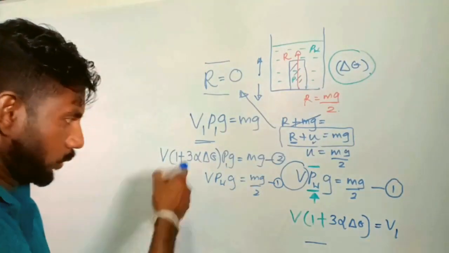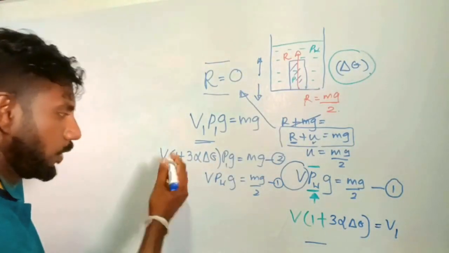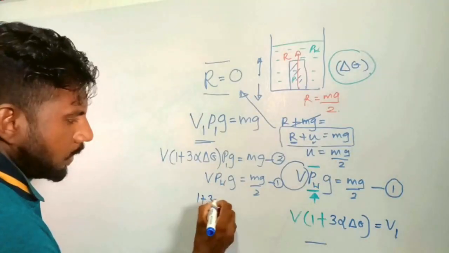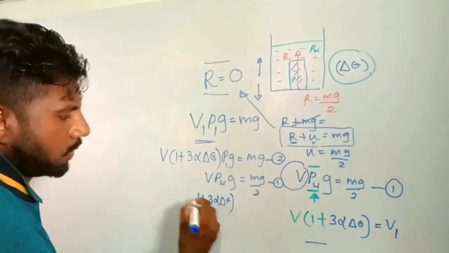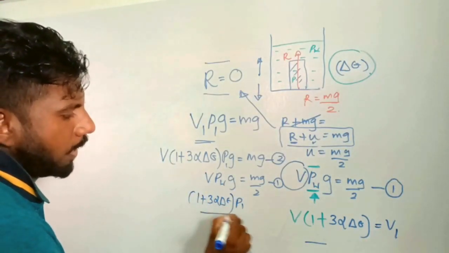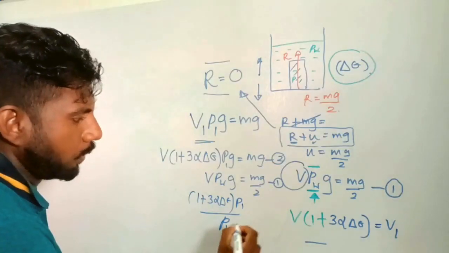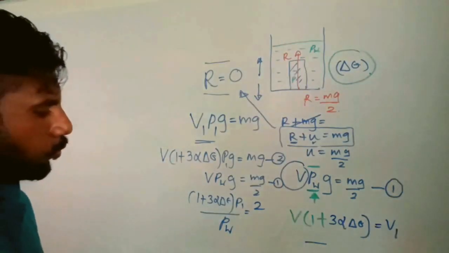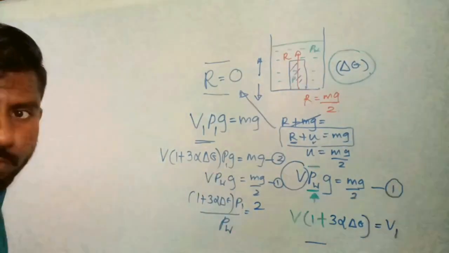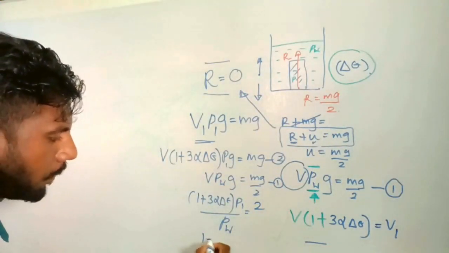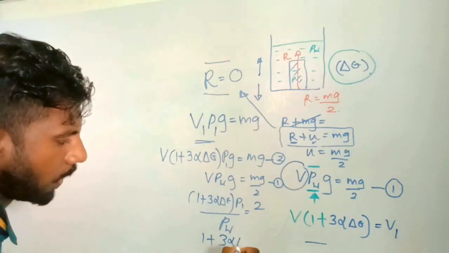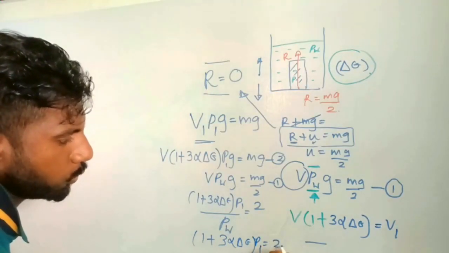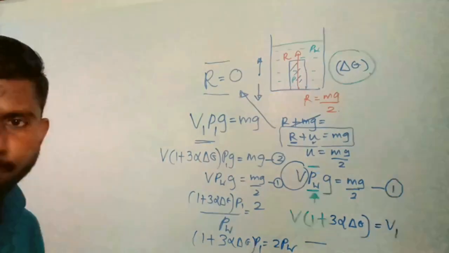V and V cancel off. So I am getting 1 plus 3 alpha delta theta, times rho 1 divided by rho W, equals 2, as mg cancels off. So finally I am getting rho 1 equals 2 rho W over 1 plus 3 alpha delta theta.